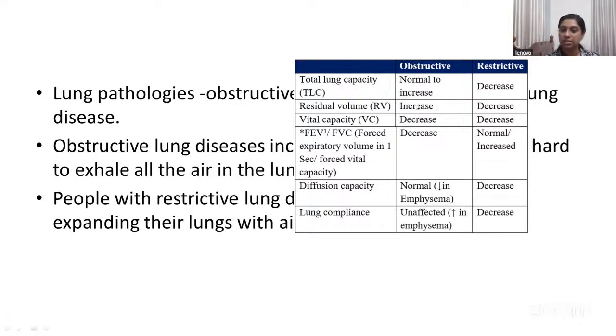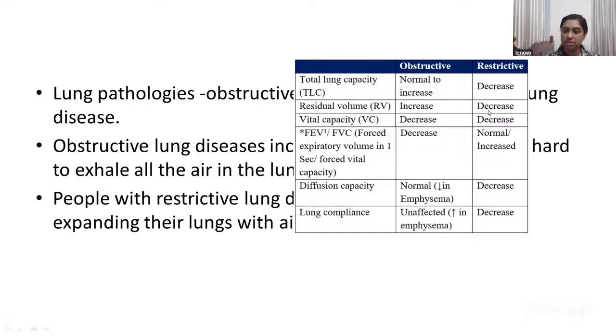In obstructive lung disease, residual volume will increase. Why? The patient cannot exhale properly, so more air is residing in the lungs. Whereas in restrictive, it will decrease. And the vital capacity, both are affecting the lungs, and hence the vital capacity is decreased in both types of diseases.